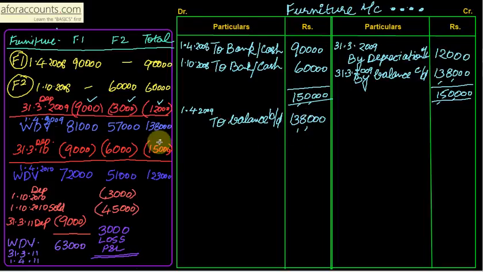There is no purchase. So we have just one depreciation entry on 31st March 2010 year, 31/3/2010. So depreciation entry by depreciation. And how much is the depreciation? See, 9,000 plus 6,000 for both the furnitures, and then it comes up to 15,000. So 15,000 is your depreciation here.